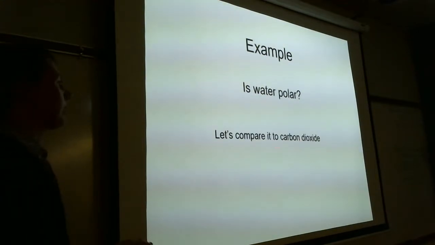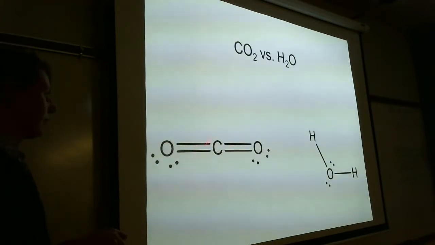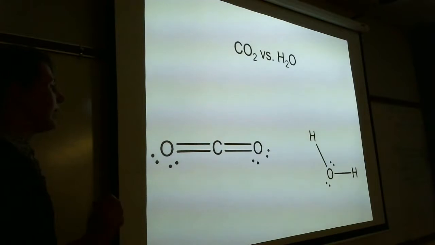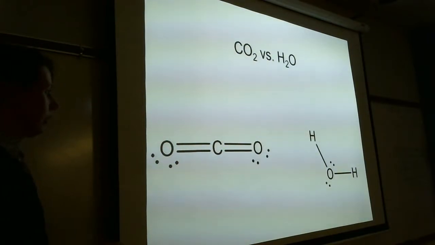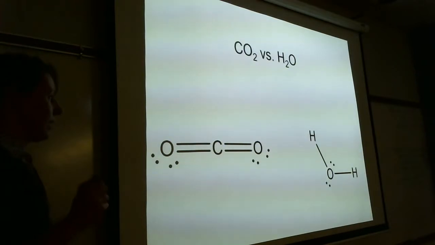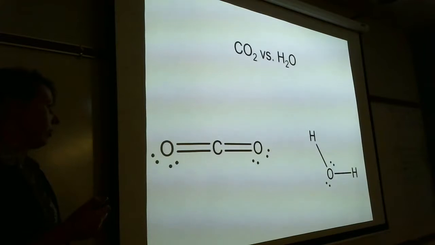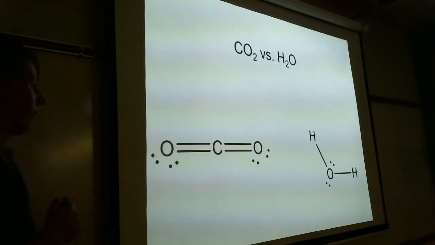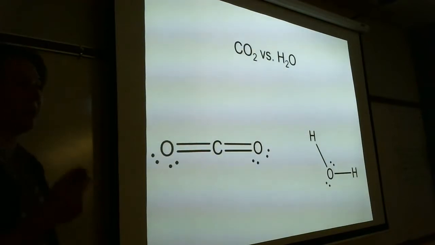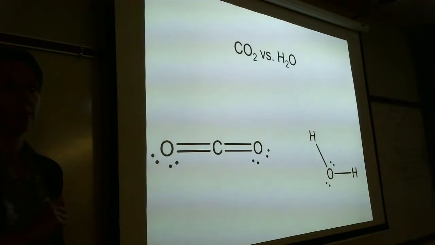So let's compare it to CO2 just as a reference. So here are our 2 Lewis structures, right? What immediately jumps out? You say, okay, polar bond, that's polar bond, that's polar bond. But what's the big difference here, other than, you know, hydrogen smaller than oxygen? What's the big difference that should jump out to you? When you draw the 3D structure of this, are these going to be the same shape in 3 dimensions?